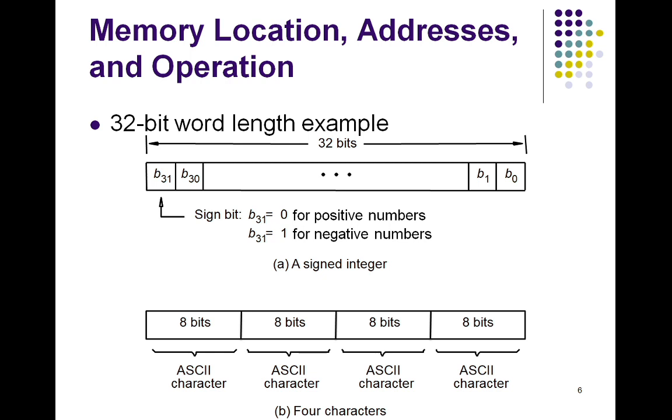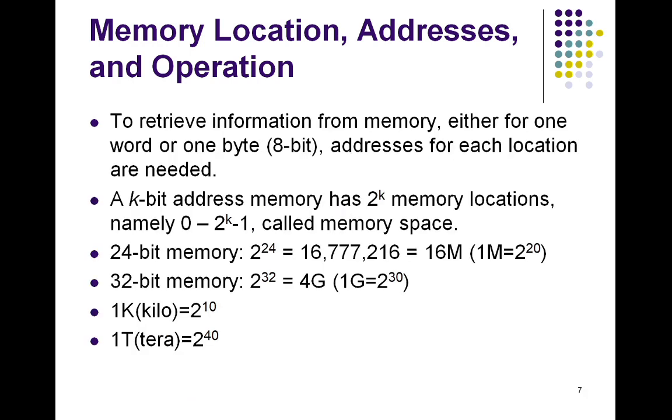So this address must be distinct. An address is exactly like your postal address or communication address, which is required to store or to retrieve the information. So it is customary to use the numbers from 0 to 2 raised to k minus 1.